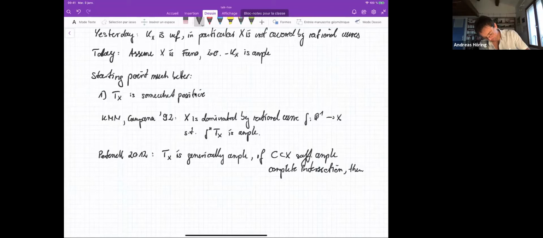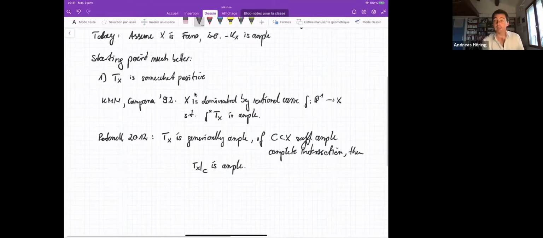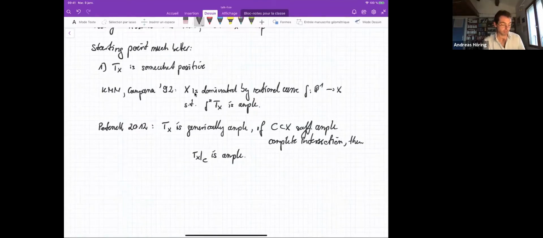If you had some stability property for T_X, this would be obvious by Mehta–Ramanathan, but in general it's not true that the tangent bundle of a Fano manifold is semistable. So certainly this is not obvious and tells you that even when you're not stable, you can expect some positivity from the tangent bundle.